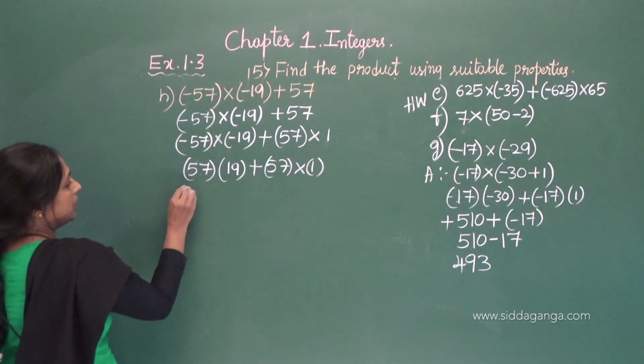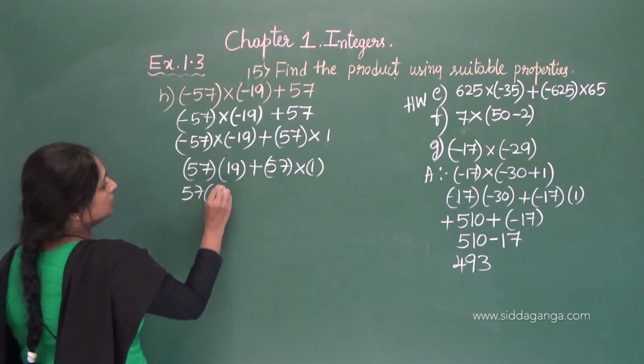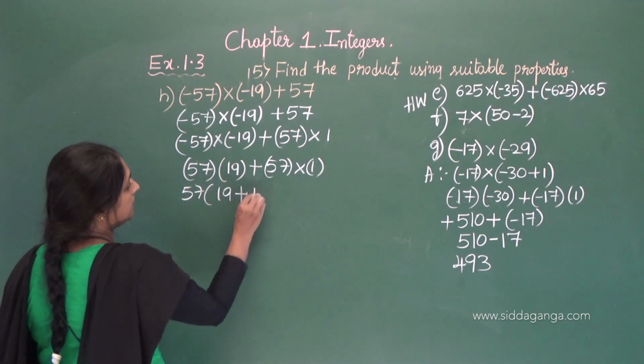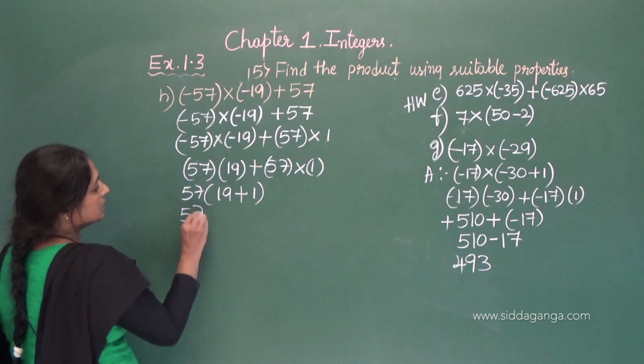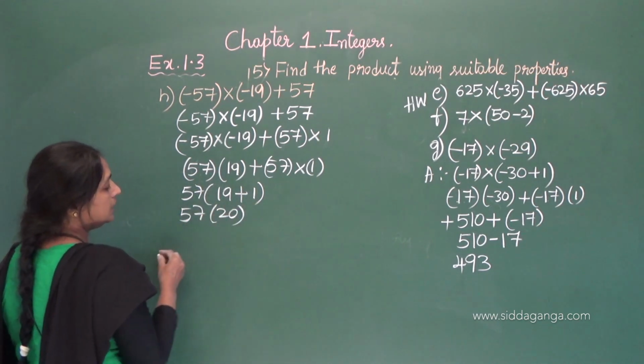Then take out 57 from this, we get 19 plus 1, 57 into 20.